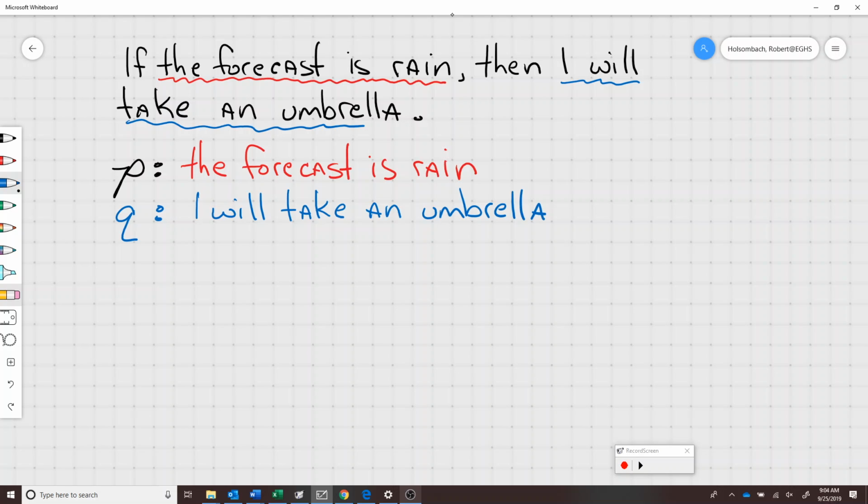Okay, let's do one more of these on an example where it gets a little bit fuzzy maybe. Let's look at example 1b.